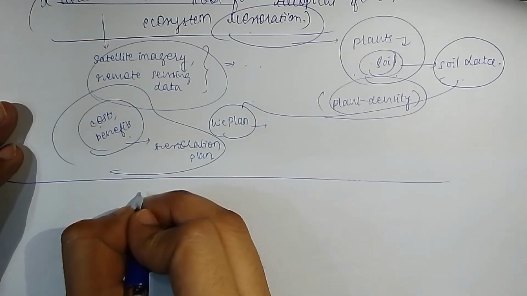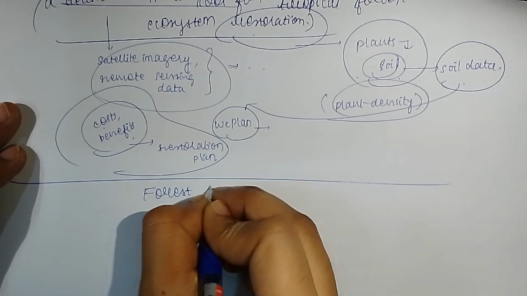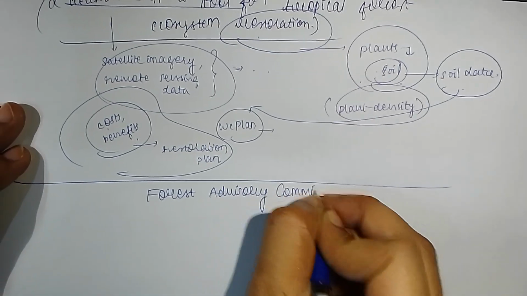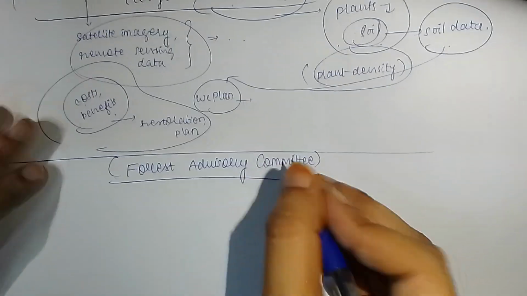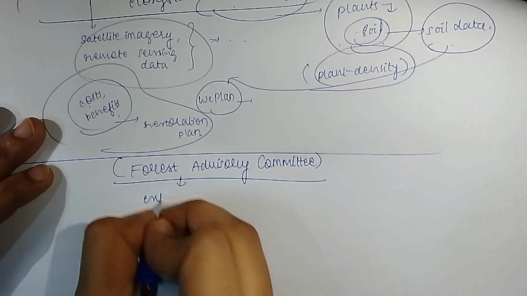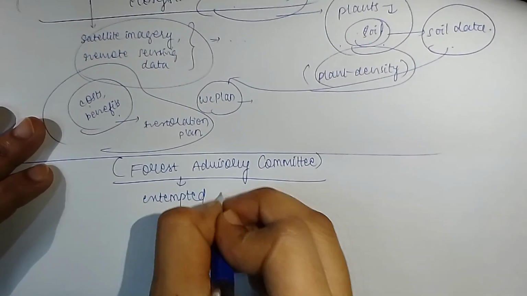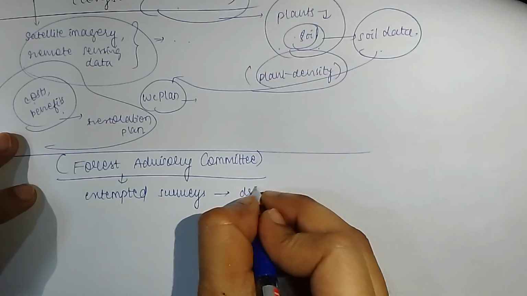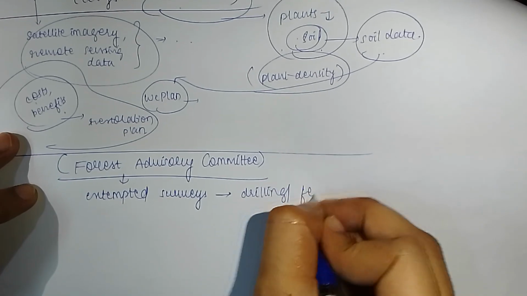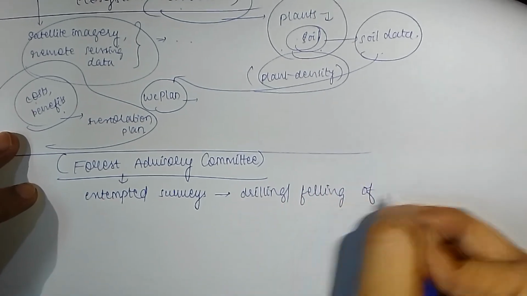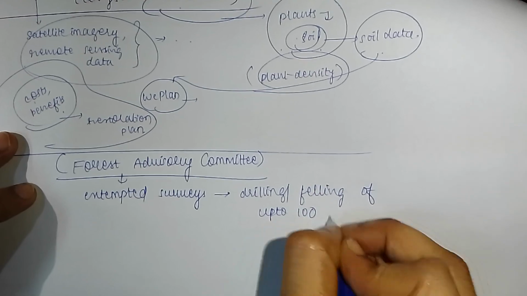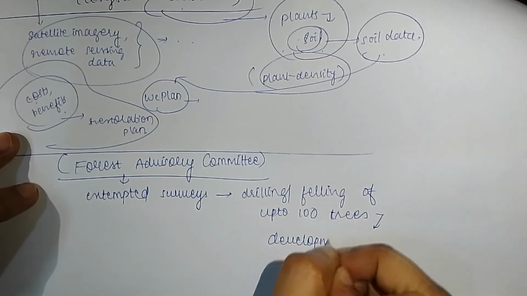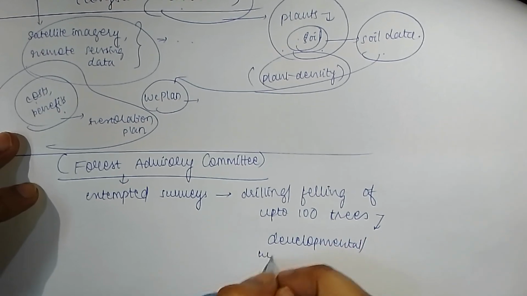so with regards to the Forest Advisory Committee, why was it in the news? It exempted projects which involve felling of trees up to 100 trees for developmental or hydroelectric projects.